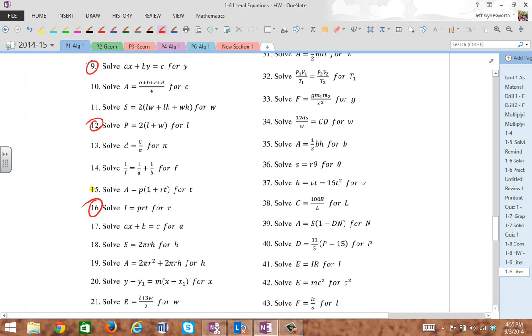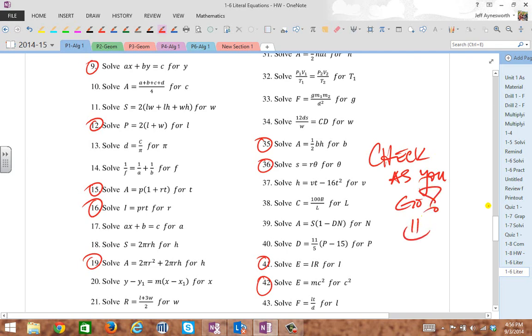Ooh, this one's finance. This one's a good one. Ooh, that's pre-calculus. That's geometry. Circle the following problems. We did this one here. That's an engineering problem right there. Do number 19. Do all these and check as you go. Check as you go, and ask questions when you get back.